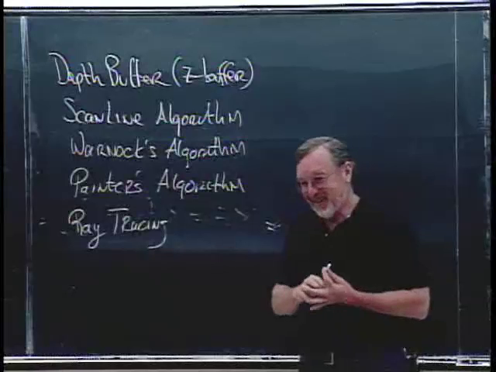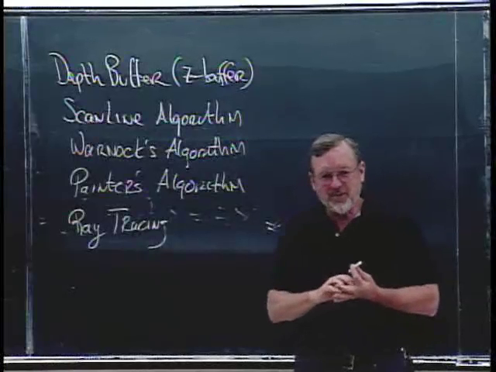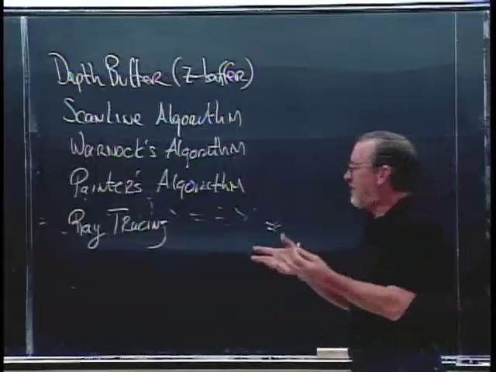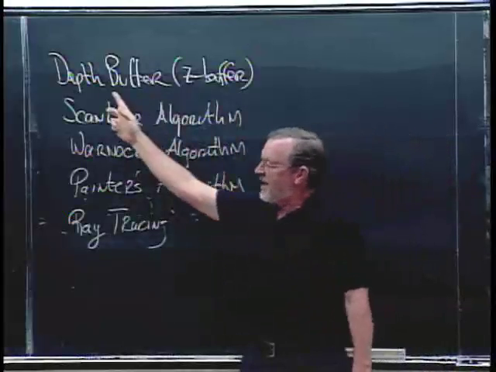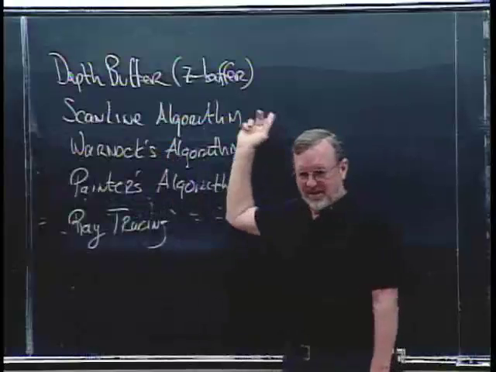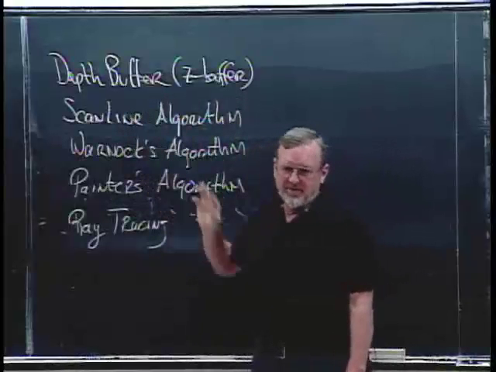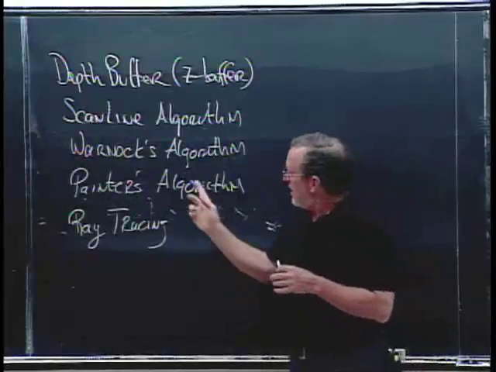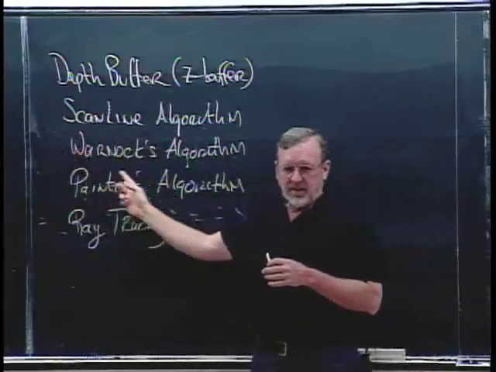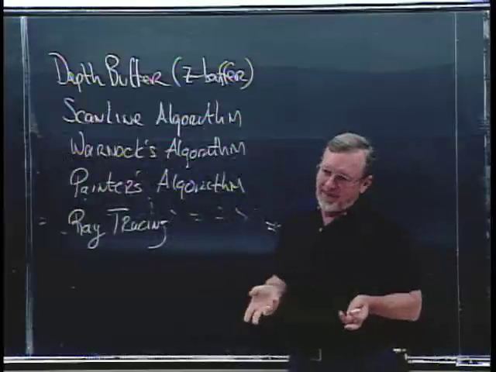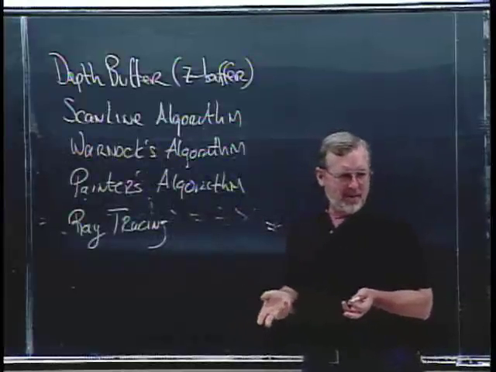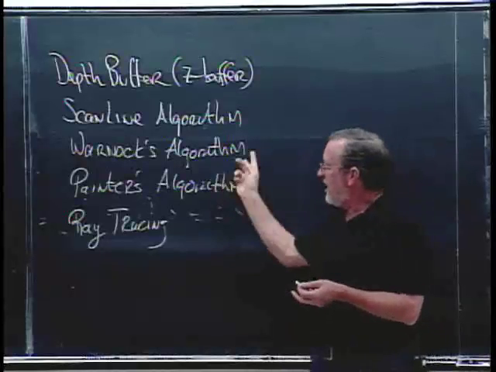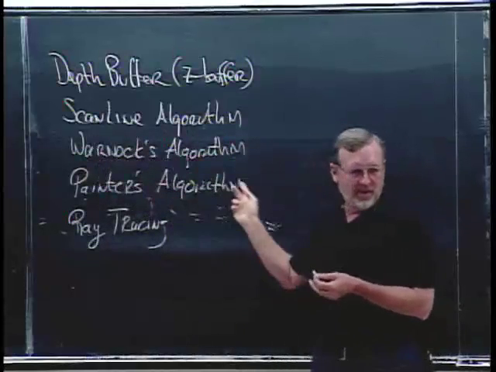They're used occasionally for a while, then they go out of favor, and then all of a sudden something happens and they come back. Right now the scanline algorithm is kind of out of favor. Not many people use it. Warnock's algorithm we use all the time as a base for other algorithms, and the thing that brought it back from the dead is parallelism.